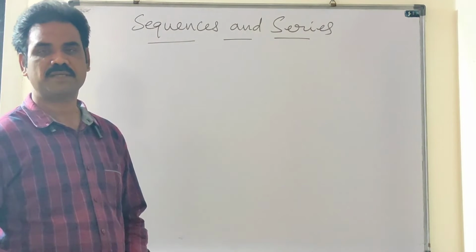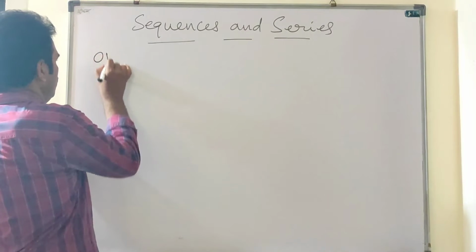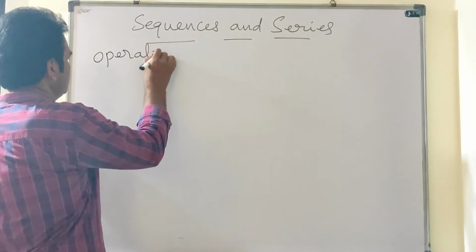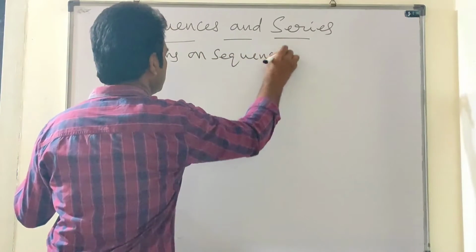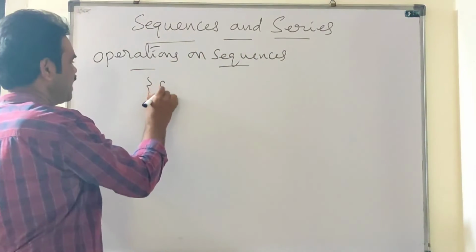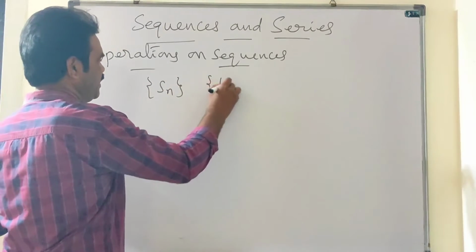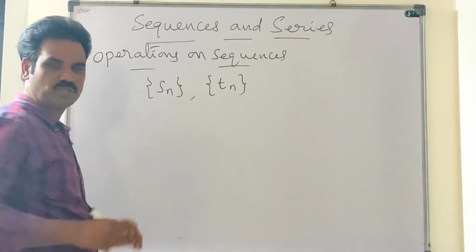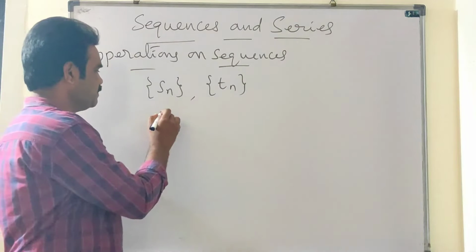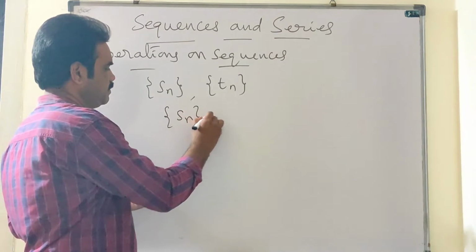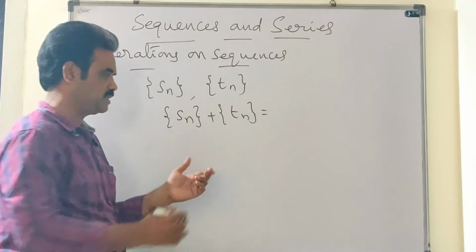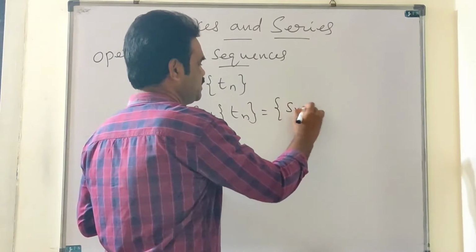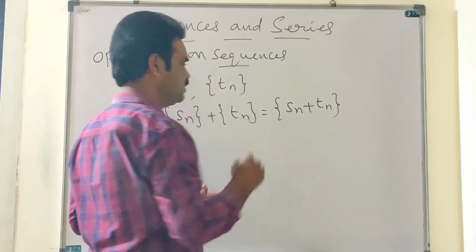Next, operations on sequences. Suppose Sn and Tn are two sequences. Then their sum is defined by the sequence Sn plus Tn.